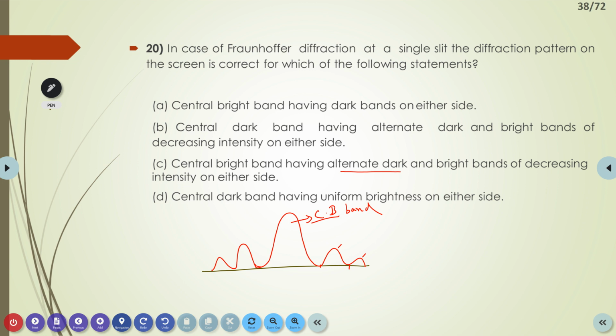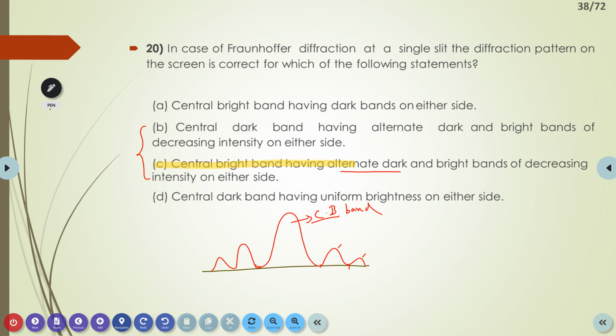This choice is repeated. Alternate dark and bright bands of decreasing intensity on either side. Actually both of these are repeated here, so you can mark any one. Central dark is wrong; central bright band is right, so this is the right choice.